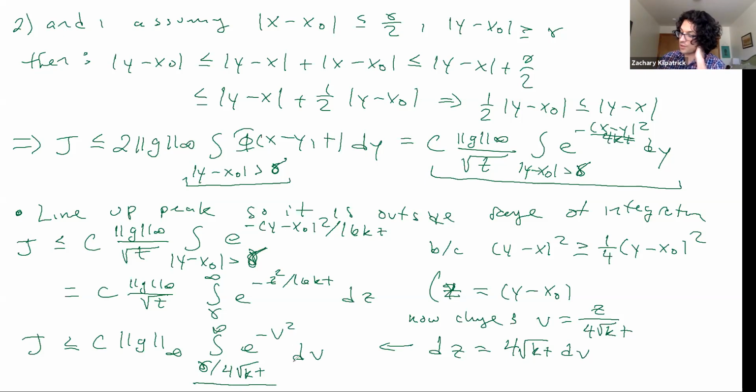And so this whole integral should vanish. I can show that now, okay, by saying that J is going to go to 0 as t goes to 0 from above, okay?